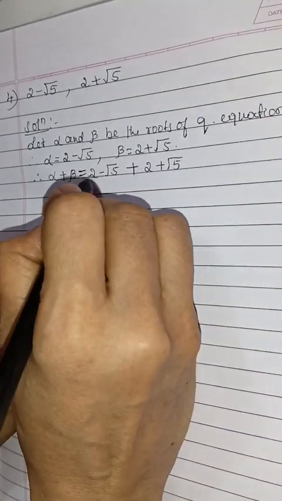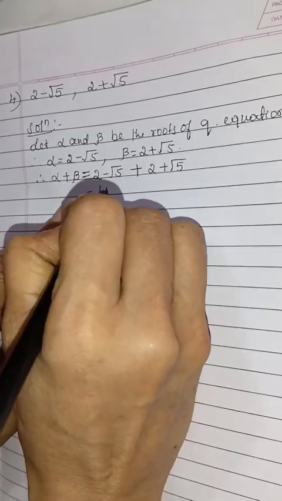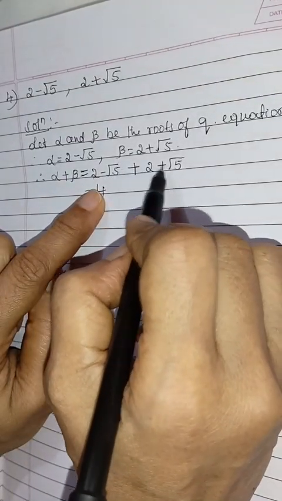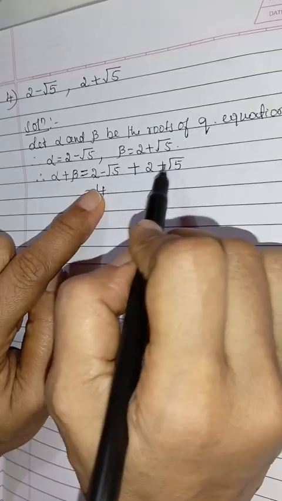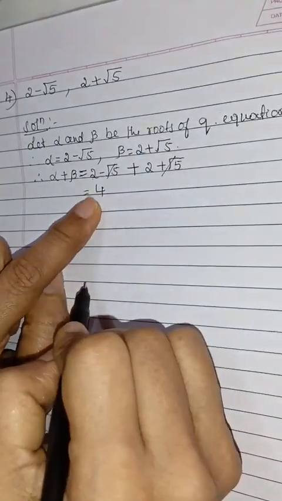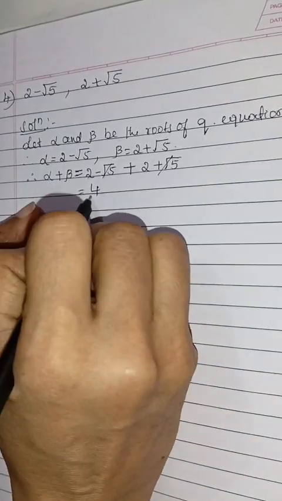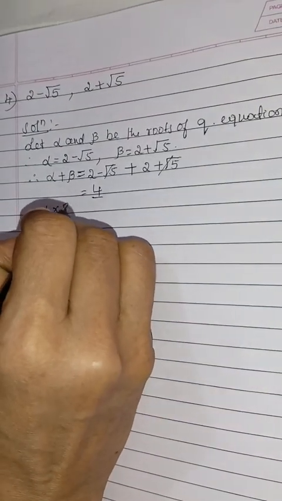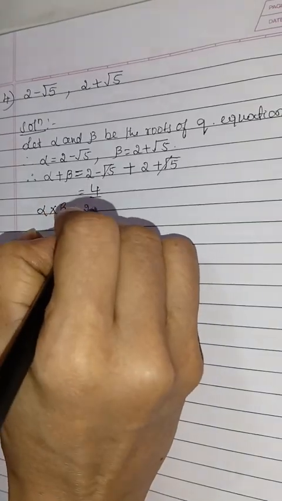And minus root 5 plus root 5 gets cancelled, minus 5 plus 5 is 0. The answer is 4.